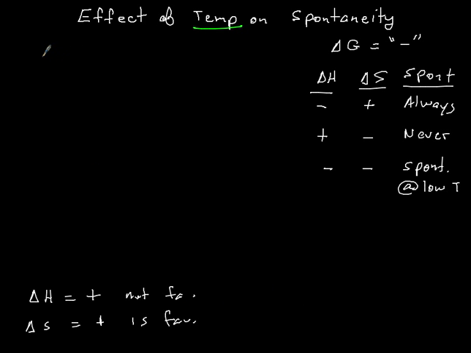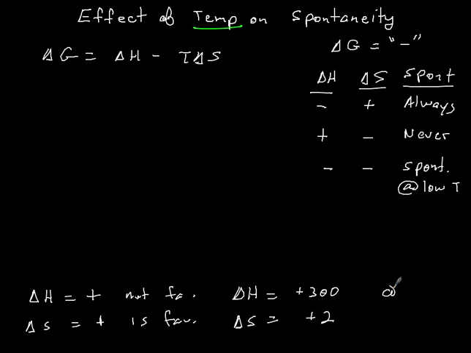We have delta G equals delta H minus T delta S. Let's give an enthalpy change of positive 300, and an entropy change of positive 2. Let's evaluate this at 100 Kelvin and at 300 Kelvin. So let's do those two evaluations.